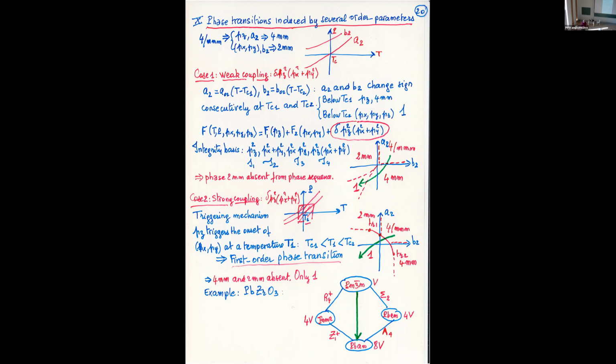You don't have separation between the two. What people try to do is, for example, to apply a field to see if you can separate the two, but in reality they are squeezed, they are close one to another. They were already very close above TC, and so it gives only one phase with one symmetry, which is the intersection of the symmetries given by the two.